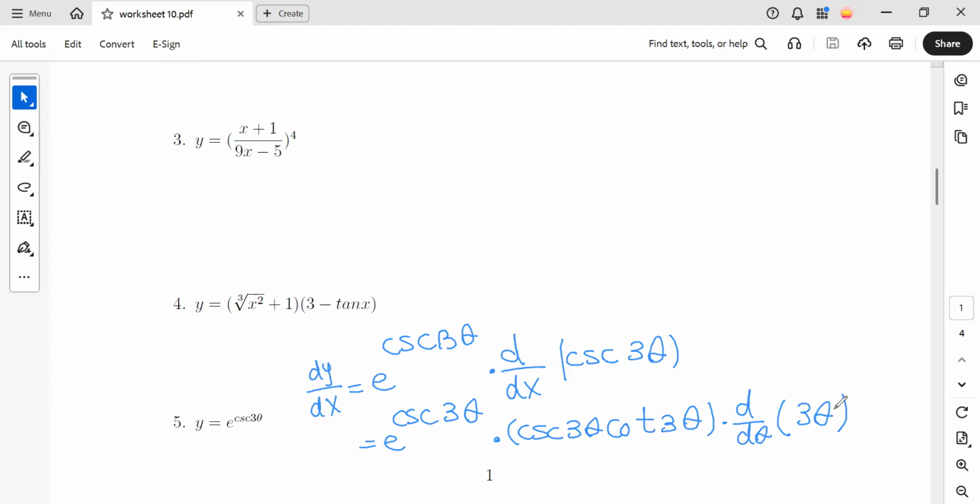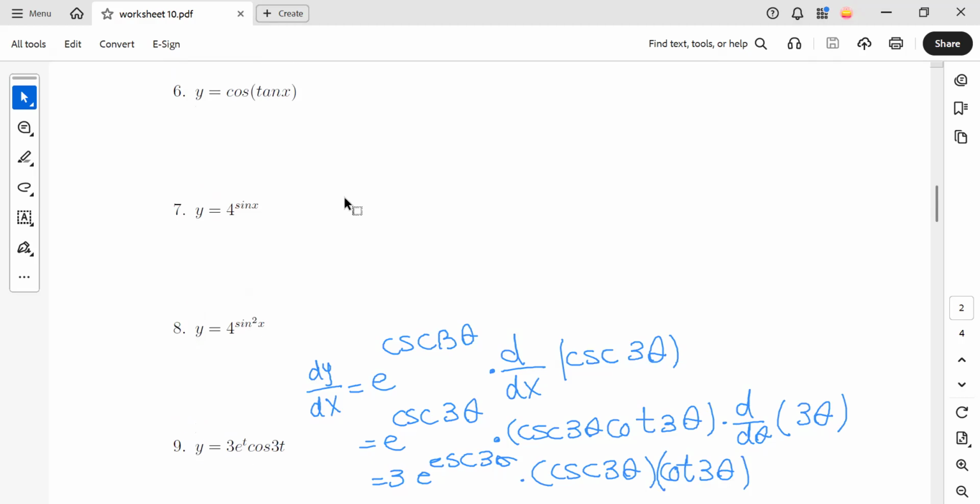And we know that the derivative of 3 theta is just 3, so we would rewrite everything here as the answer. Cosecant 3 theta, cotangent 3 theta. And this was the solution for number 5. Let's move on to the next page.